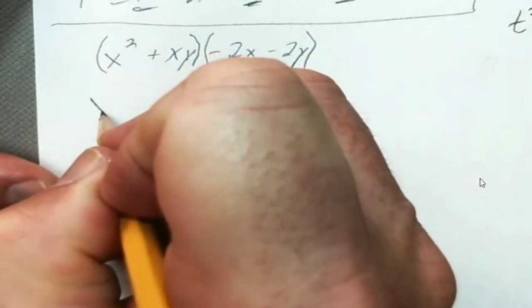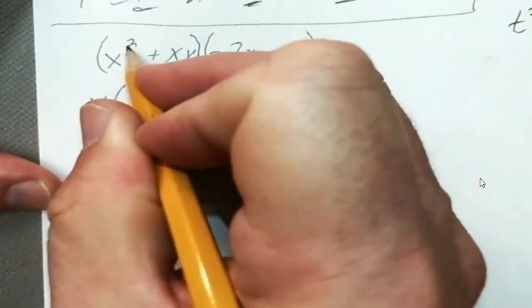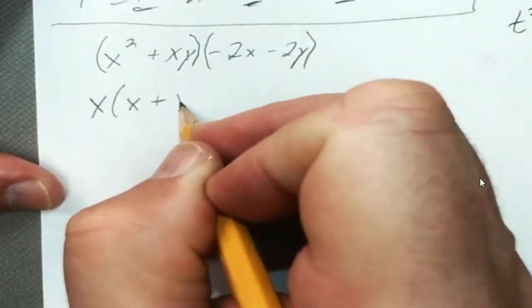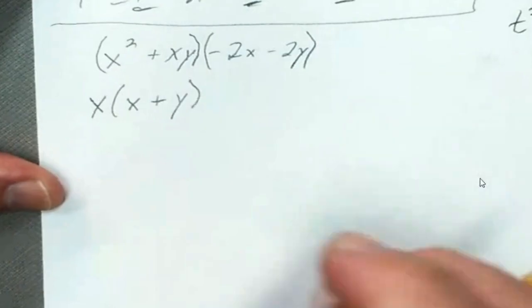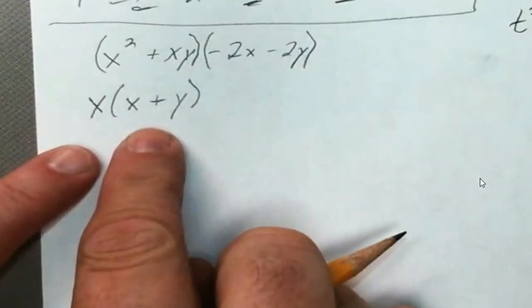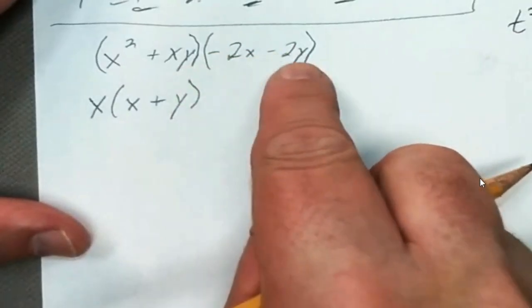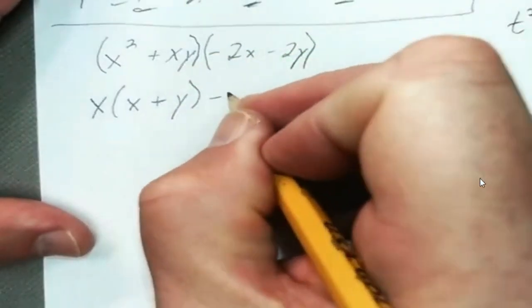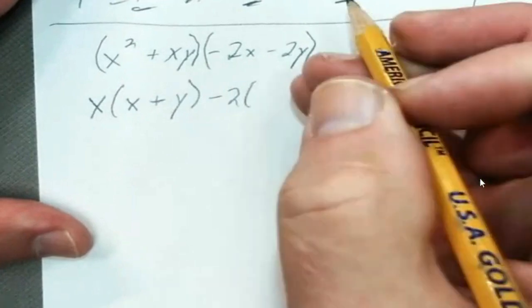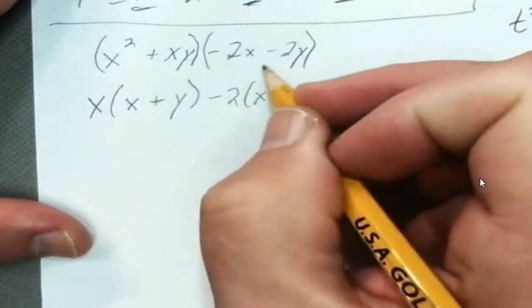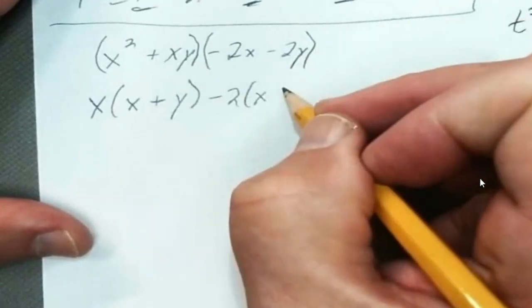So if I factor an x out of that, x squared divided by x is x, xy divided by x is just y. So I can factor out part of it. Then if I look at this, I've got negative 2x minus 2y. I can factor out negative 2. Negative 2 out of negative 2x just leaves x. Negative 2 out of negative 2y just leaves y.